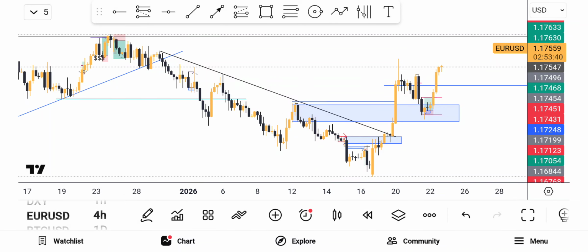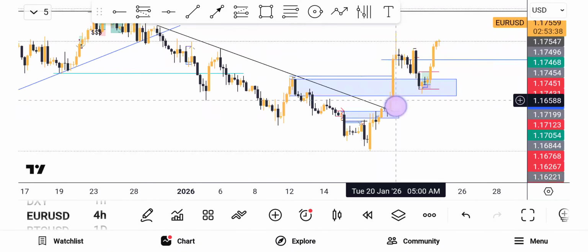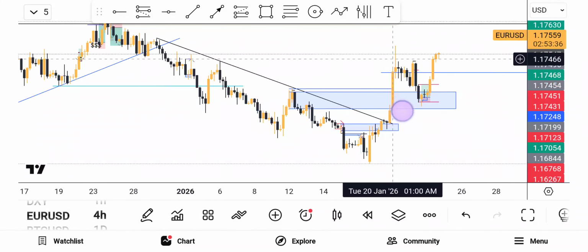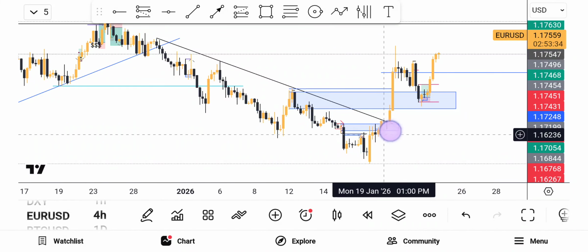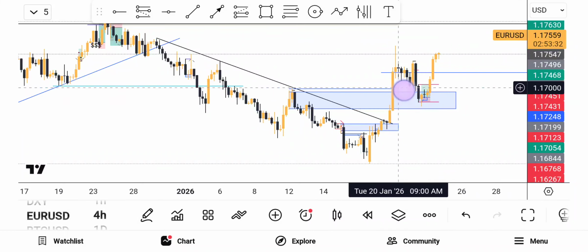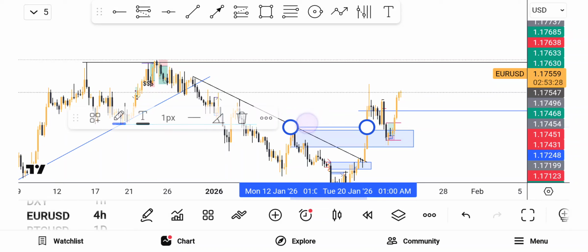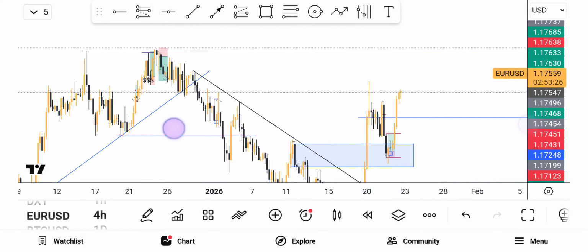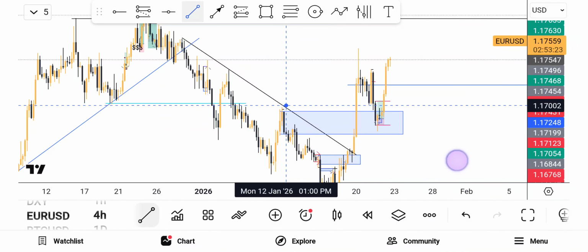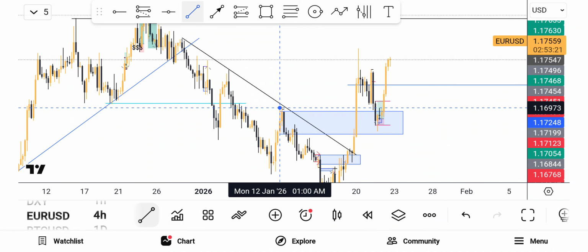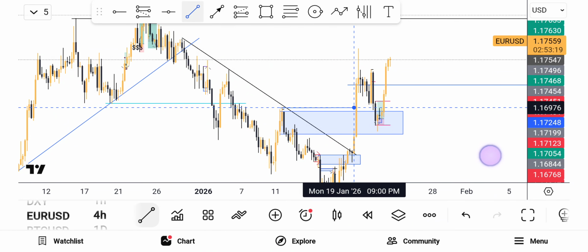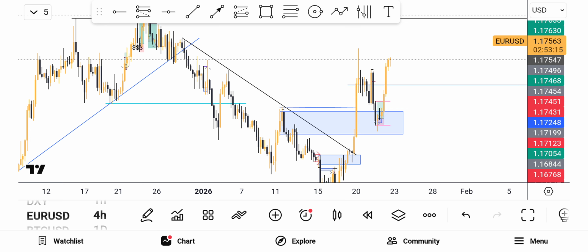Then boom, market broke this trend line, which is here. Now we have a market structure shift. Let me delete this so you can see it. Yeah, we have a market structure shift here, which means the market is no longer bearish, we have become bullish.